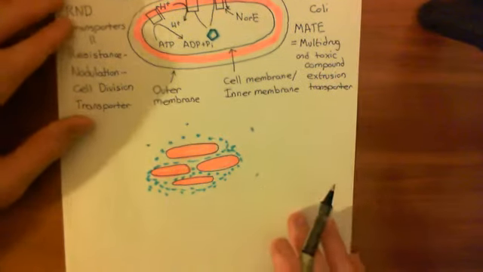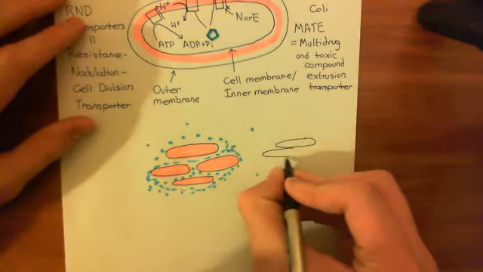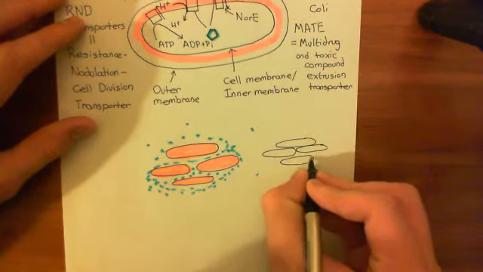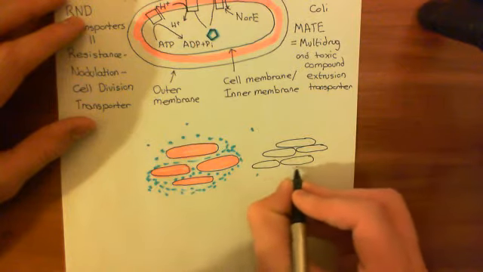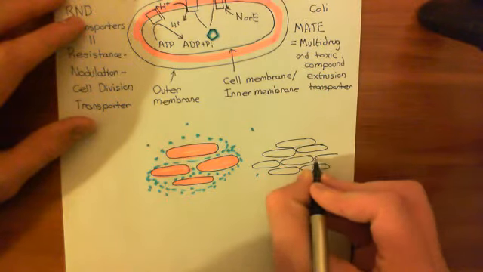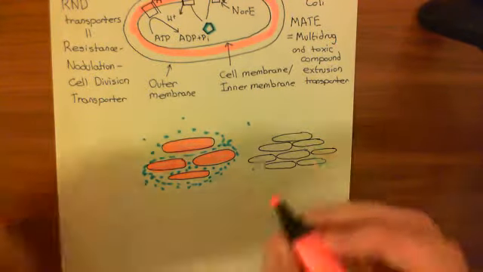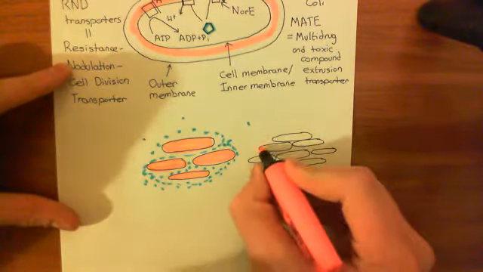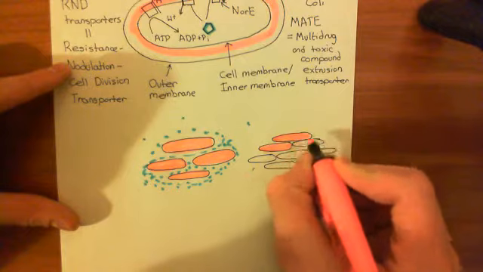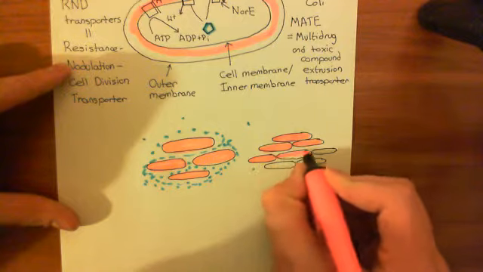So instead, they'll need to get to a much higher density before, at this impaired level of N-acyl homoserine lactone secretion, they will have a high enough density of the molecule that they will stop dividing. So the density that they'll be at when they go into the stationary phase will be much higher. So by knocking out the AcrAB, TolC, and NorE transporters, you push back the density at which they will go into the stationary phase, and it's because you've impaired the secretion of this quorum sensing molecule.